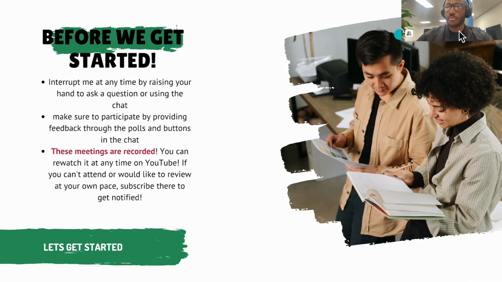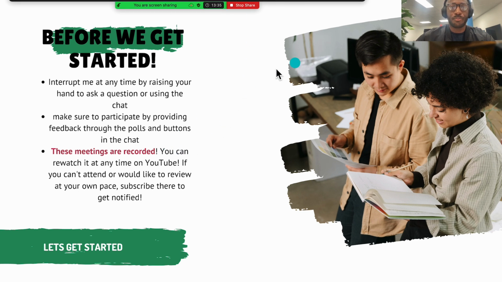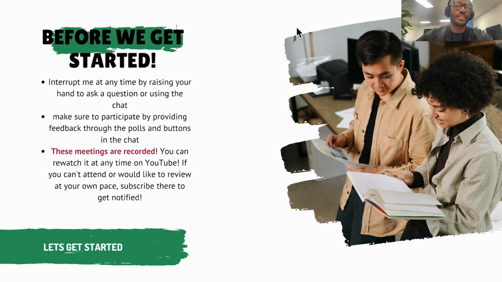Before we get started, just 3 little bullet points. I show this every time also. You can interrupt me at any time by raising your hand. There's a little feature on Zoom where you can raise your hand so that you can ask me a question, or you can type anything in the chat. I'll be checking that periodically to see if anyone has any questions. I'll also try and stop midway just to make sure you guys don't have any comments.